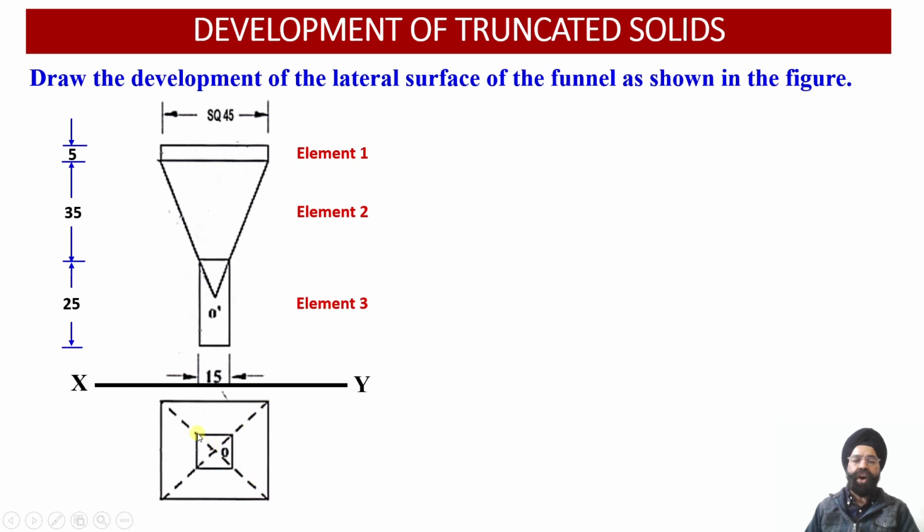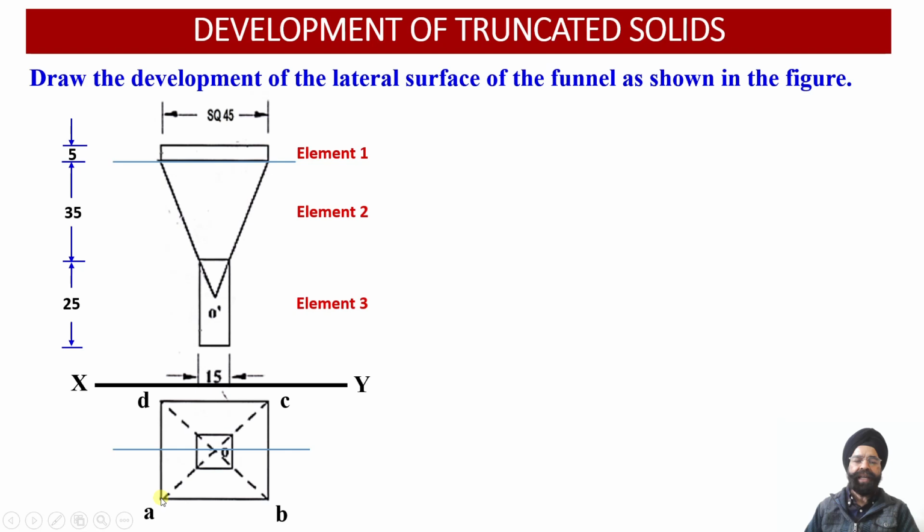The slant edges in the front view projections and in the top view projections are inclined with respect to the horizontal plane and the vertical plane respectively. So we need to evaluate the true length of the slant edge of the frustum of this square pyramid so that we can carry out the development of the frustum.